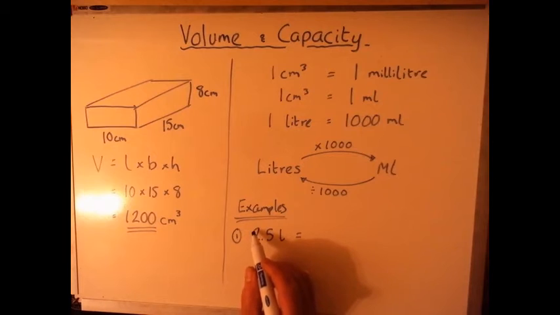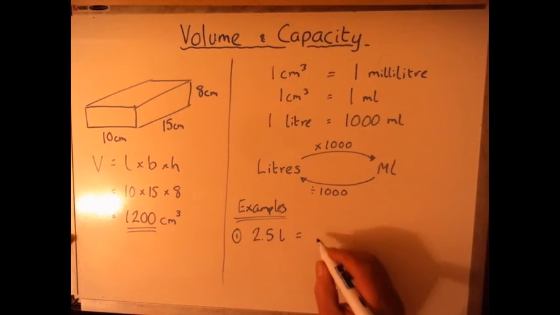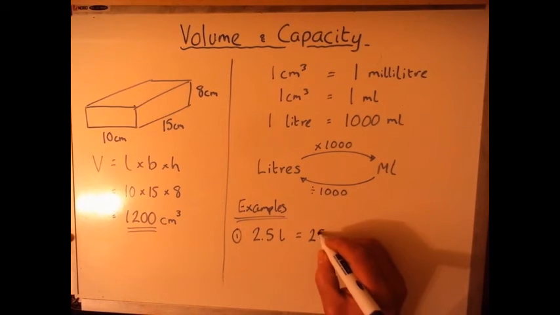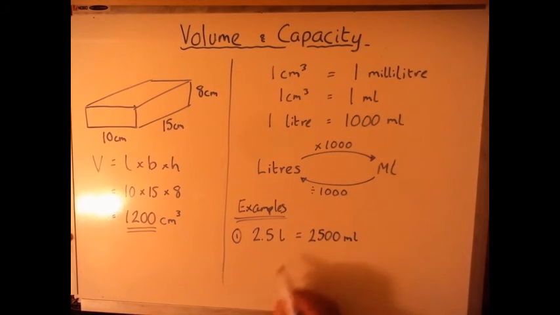This 2 goes from the ones column into the tens, the hundreds, the thousands. Likewise, the 5 moves up 3 columns and it's now in the hundreds column. So a 2.5 litre bottle holds 2500 millilitres.